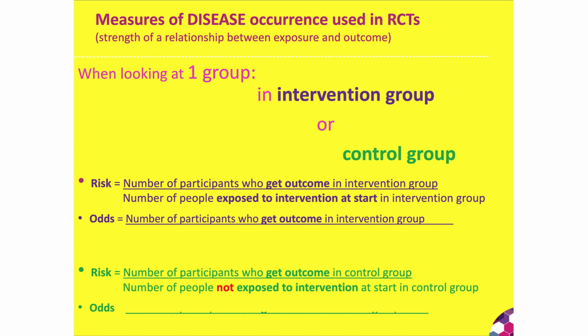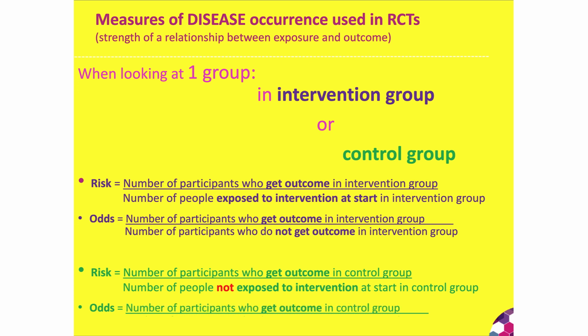And then odds are the number of participants who get the outcome in the intervention group divided by the number of participants who do not get the outcome in the intervention group. And similarly, the number of participants who get the outcome in the control group divided by the number of participants who do not get the outcome in the control group.